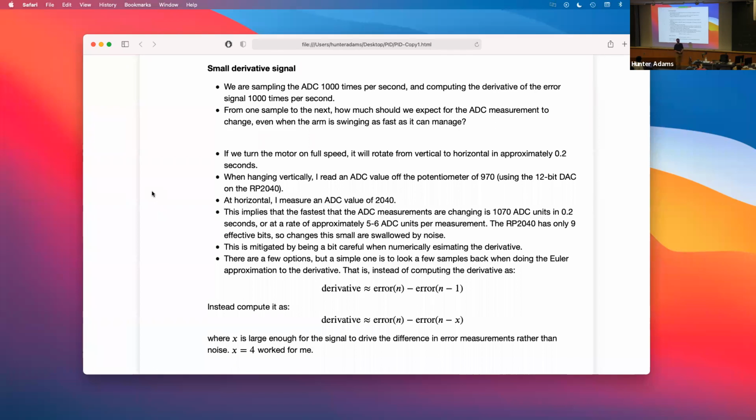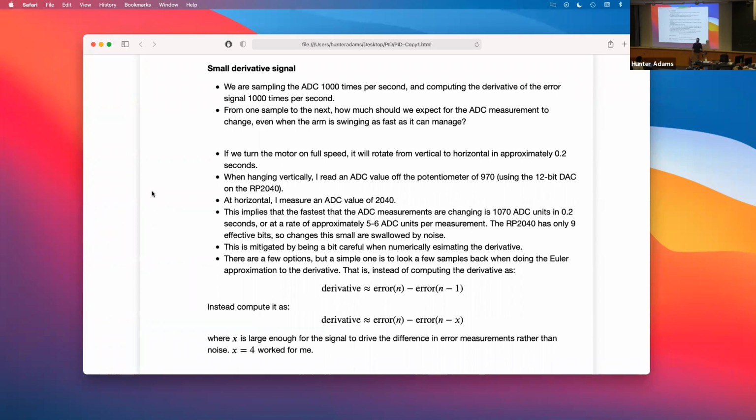That's just noise. So you have this small derivative signal. So what I recommend doing instead is, if ordinarily, naively, you were calculating the derivative as the difference between your current error and the error in the previous time step, right? And then there would be a delta t here, but we're using time units for delta t is 1. What we do instead is store the error for, I don't know, 4 samples and calculate the derivative as the difference between the error at sample n and the error at sample n minus x, where x is like whatever works really. 4 works well for me, okay?